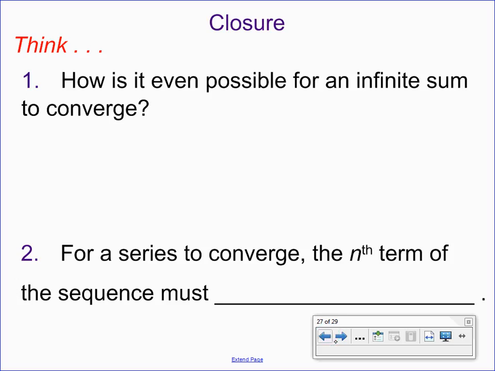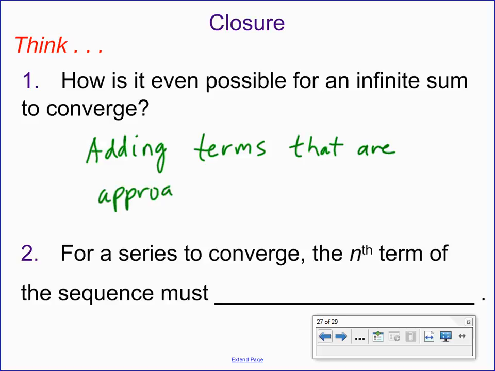So go ahead and share with the class then, how is it even possible for an infinite sum to converge? How is it even possible? All right, Riley? If you keep adding numbers that get closer and closer to zero, it's going to approach. Yeah, it could. So if we're adding together terms that are approaching zero in value, then it's possible the sum will level off to a particular number.